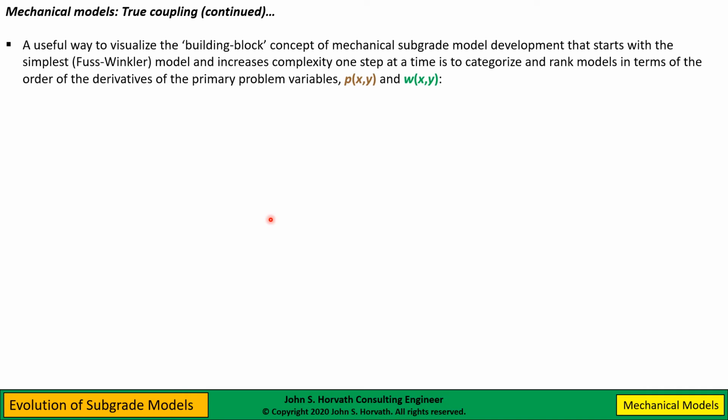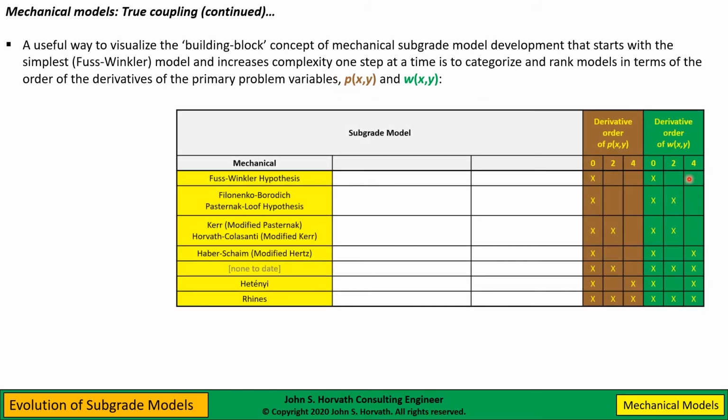So a useful way to visualize this building block concept in mechanical subgrade models is to categorize and rank these models in terms of the order of derivatives of the primary problem variables, subgrade reaction and settlement. And I've done this in this table here. We see the order of the derivatives, 0, 2, and 4, in each of the models.